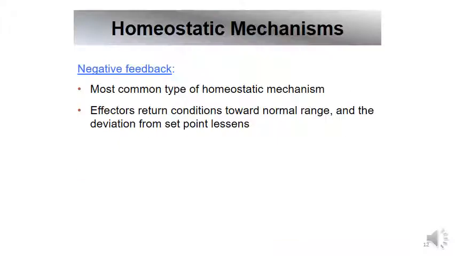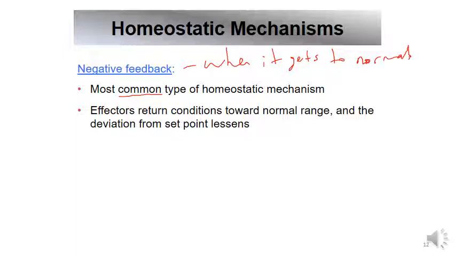Okay. So with homeostasis, there are actually the 2 types. What we just looked at was negative feedback of homeostasis. It's the most common type. So know that negative feedback is when it gets back to normal. So whatever the problem was, the body is trying to fix itself.